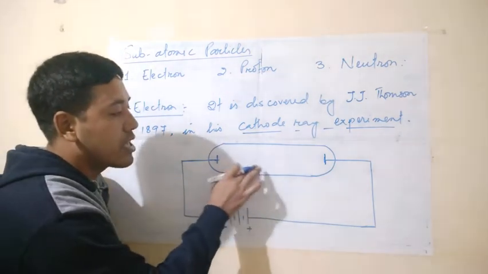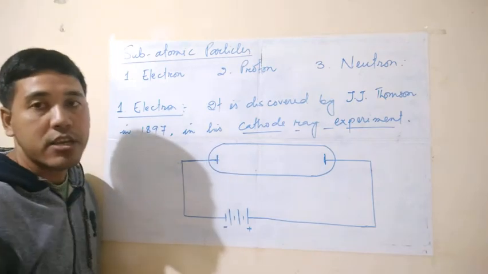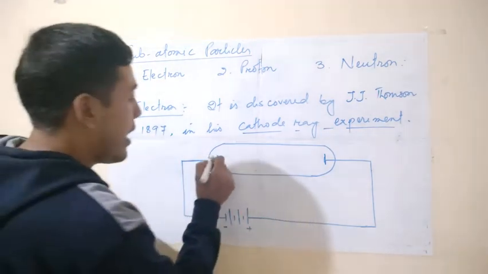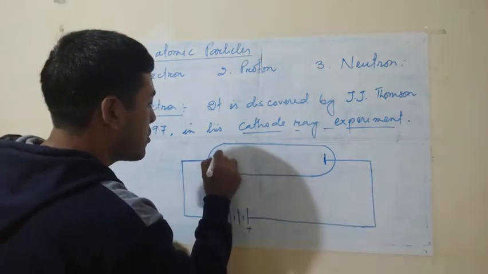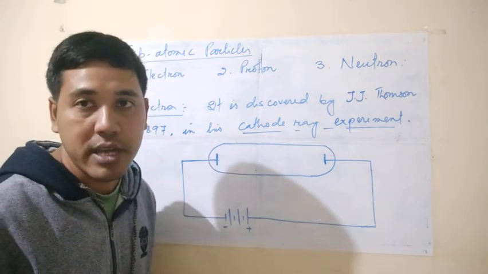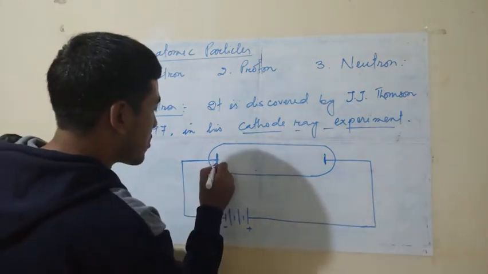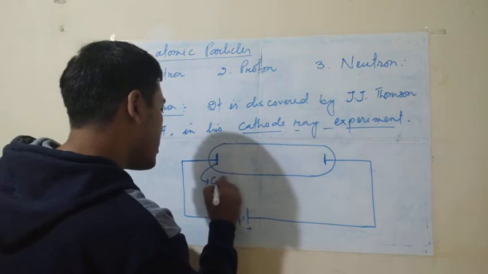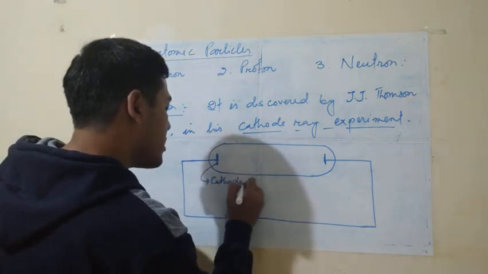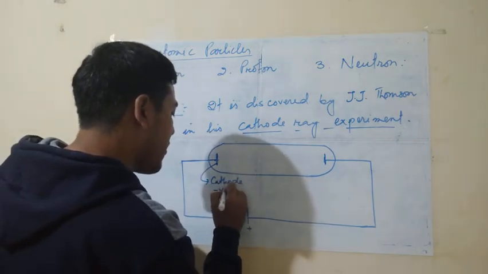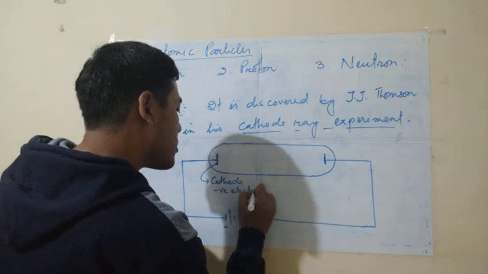Then he put an electrode here, and this electrode is known as the cathode, the negative electrode.